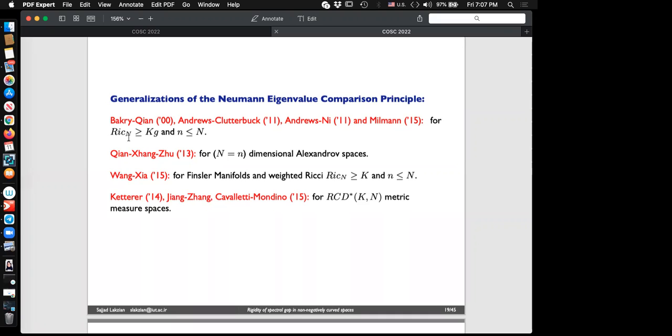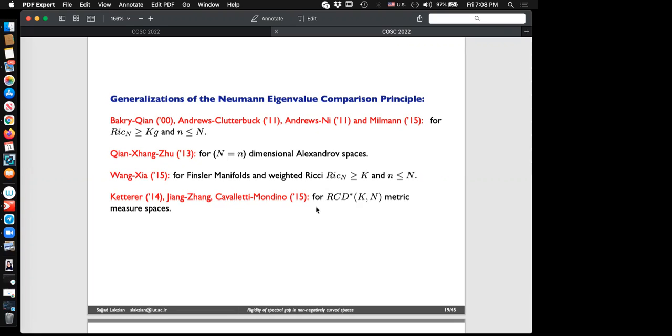For Alexandrov spaces, this is due to Chen, Zhang, Zhu, and Wang Sha for Finsler manifolds with weighted Ricci curvature, which is defined similar to Bakry-Emery Ricci curvature, but you have to use the Ricci from Finsler for Finsler manifolds. And Christian Ketterer, Zhong Yang, and Cavalletti-Mondino, they have comparison principles for all these spaces.